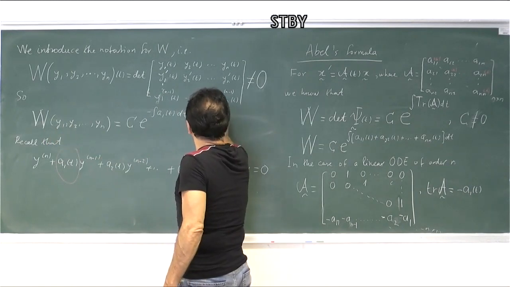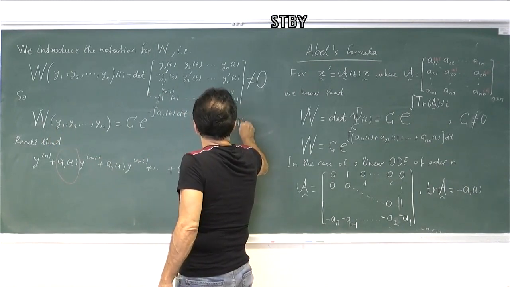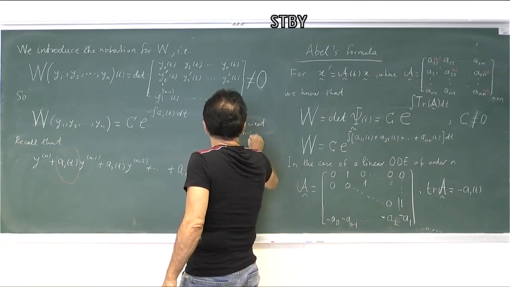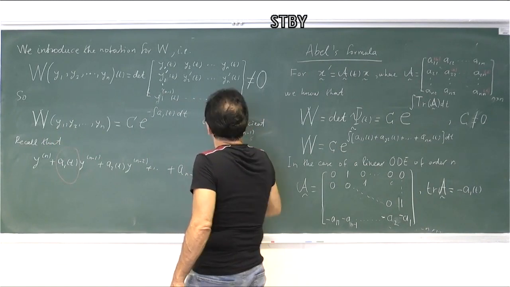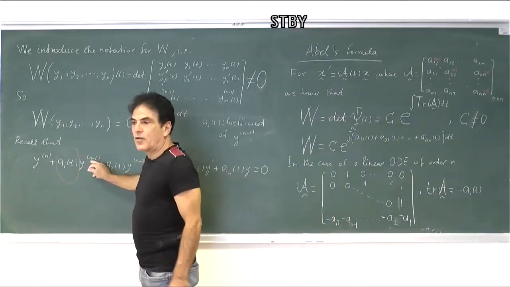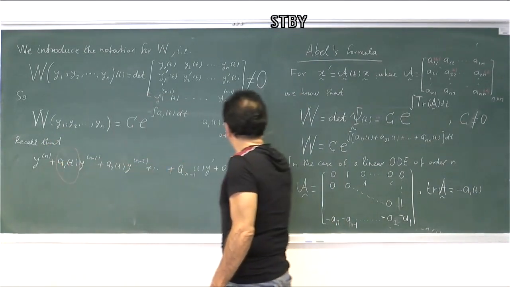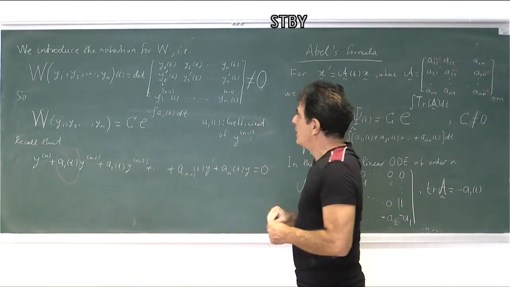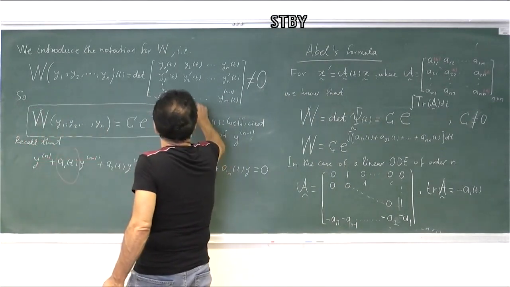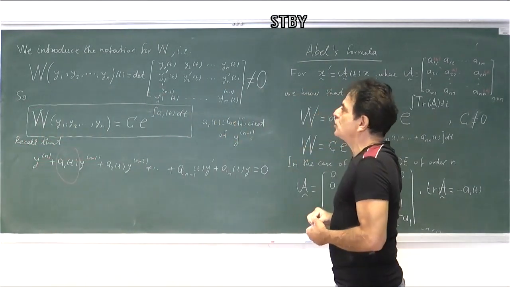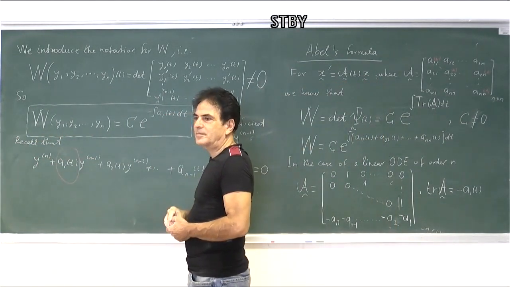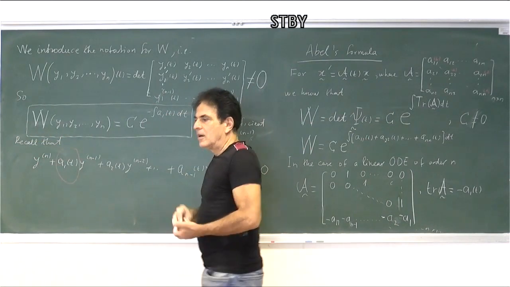A1 is the coefficient of y^(n-1), the n minus first derivative appearing in the linear equation. So the Wronskian determinant of the solutions must be precisely in this way. Okay, let's stop at the end.